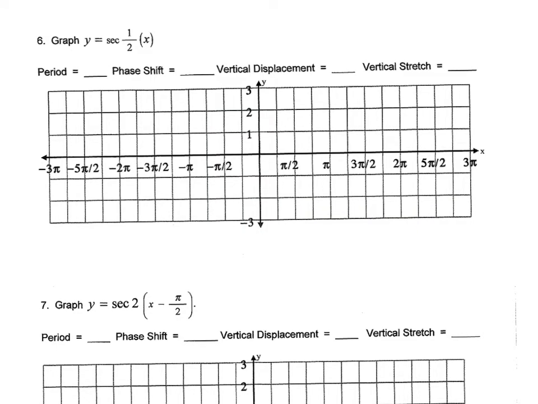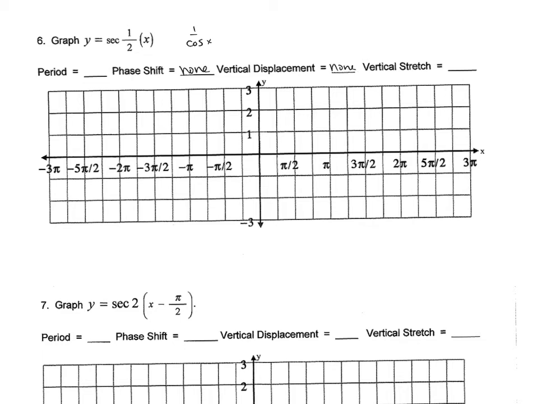Our next graph is going to be y equals the secant of 1/2 x. So remember, secant is 1 over cosine of x to build our key points and asymptotes. All right, now my phase shift, there's still none. I have no vertical displacement.